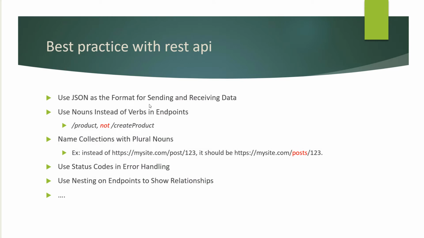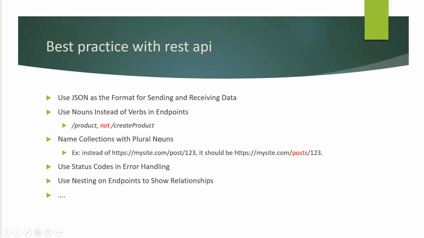Next, I also collected some best practices for when we develop a REST API. Firstly, we should use JSON for sending and receiving data. The second is we should use nouns instead of verbs. For example, if you want to create an API to create new products, the endpoint should be product, not create product. It should be a noun, not a verb.